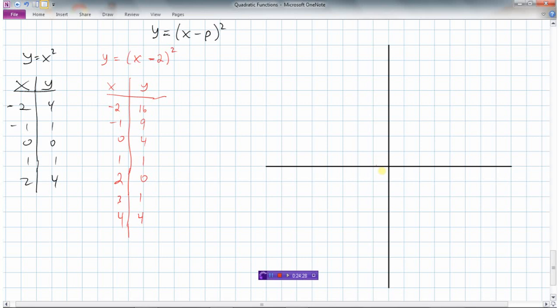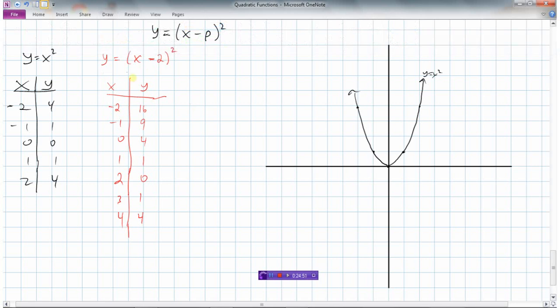But let's get the original one on here just so we can compare. So this is the graph y equals x squared. There's our good old parabola. Okay, now let's draw this red one, this new one.